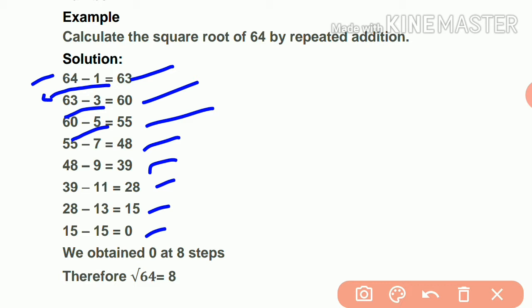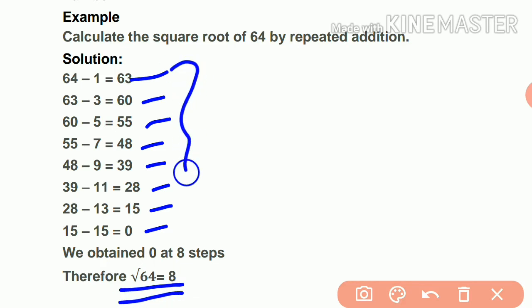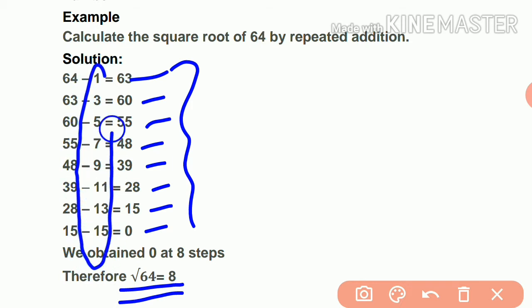How many steps are there? 1, 2, 3, 4, 5, 6, 7, 8. There are 8 steps, so the square root of 64 is 8. The number of steps is the square root of the given number. This method is known as the repeated subtraction method.